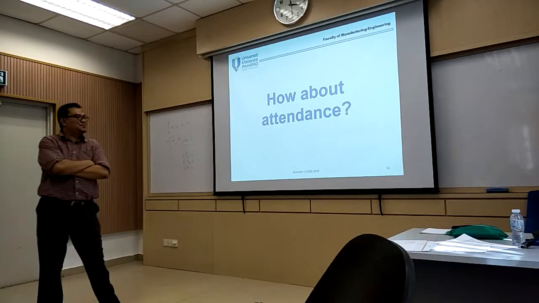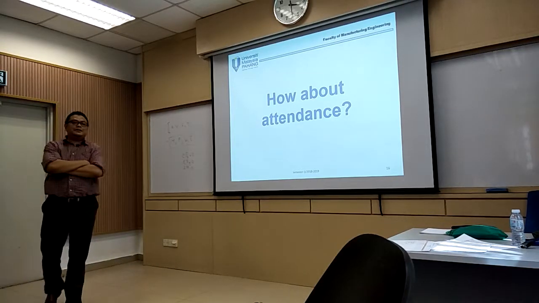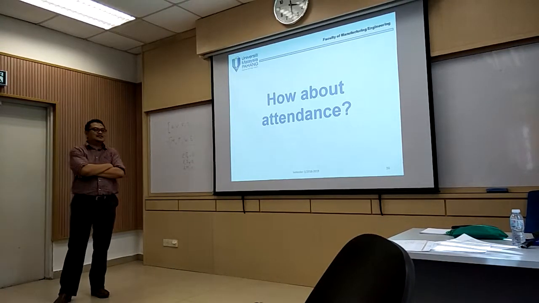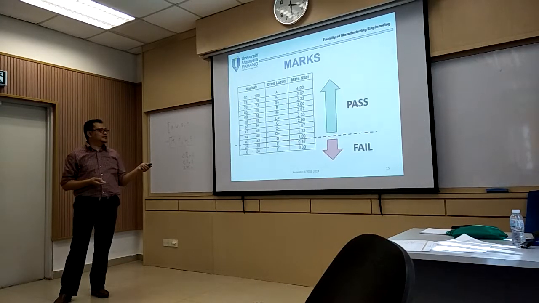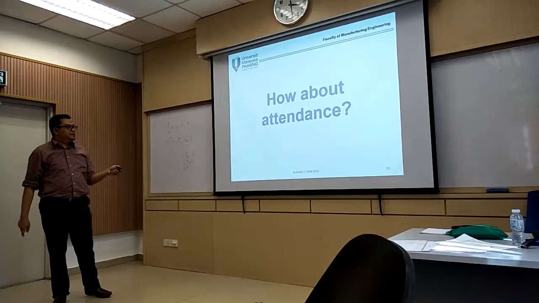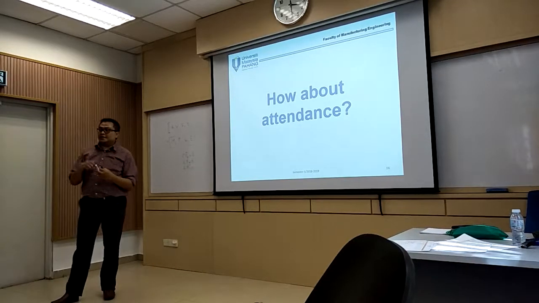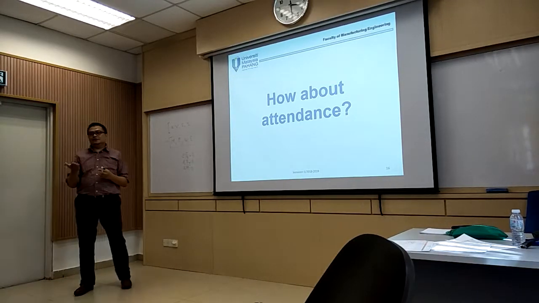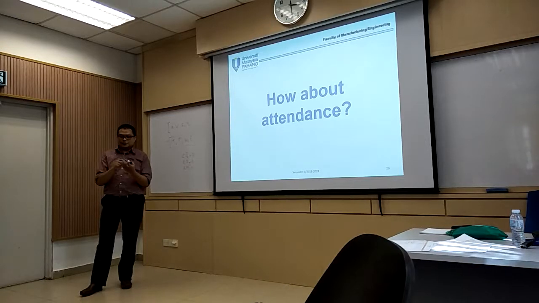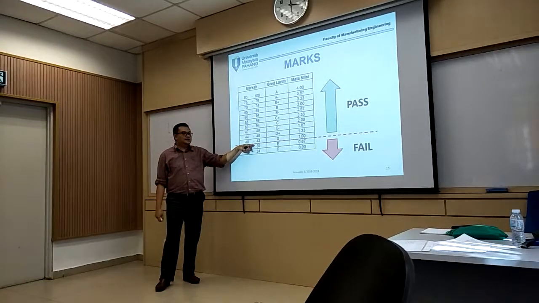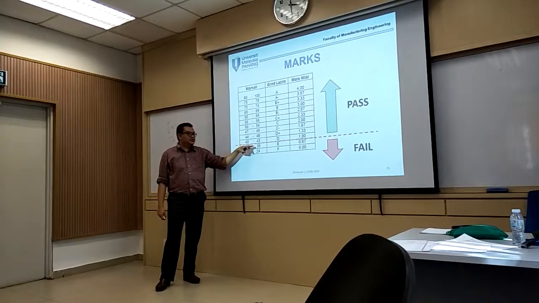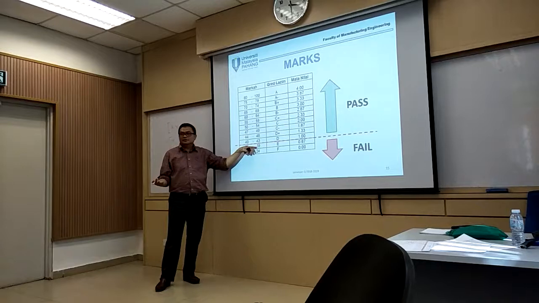So basically, there's no mark for attendance, right? But sometimes the lecturer will see the attendance of the student when the student has a mark in between, let's say you have 38.